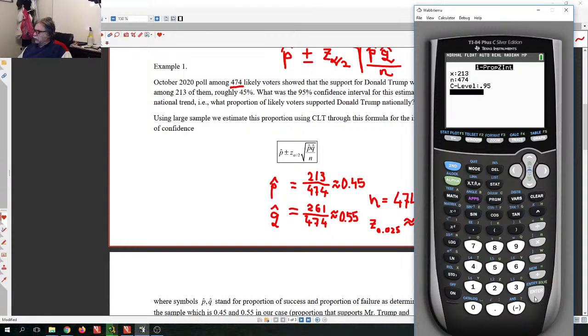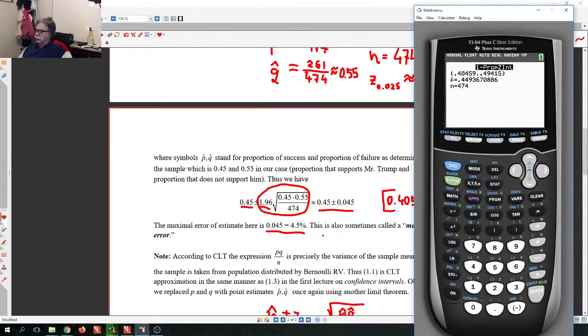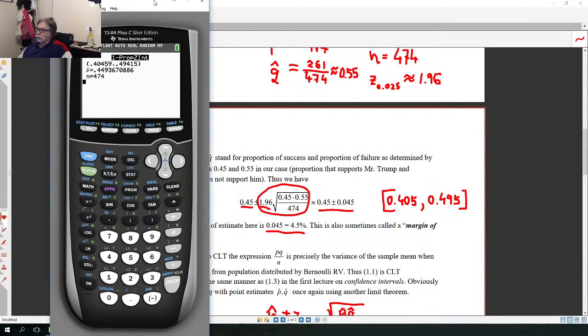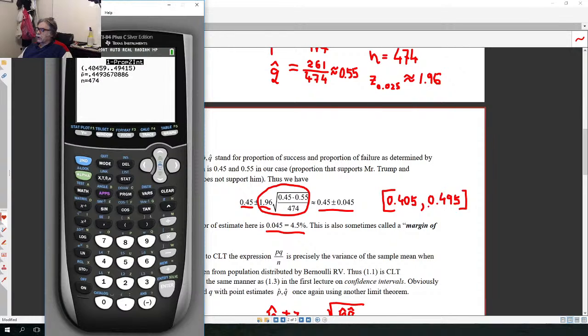And then you calculate, and I got pretty much the same thing I have here. I ended up with 45%, give or take 4.5%, in the interval. That I have is 40.5%, 49.5%. This is what you see here.